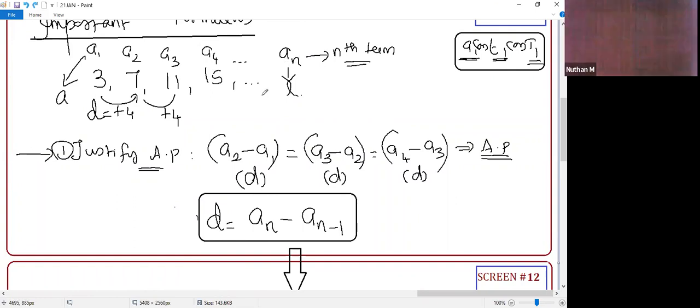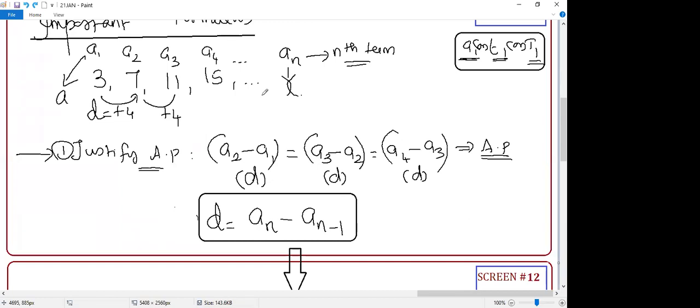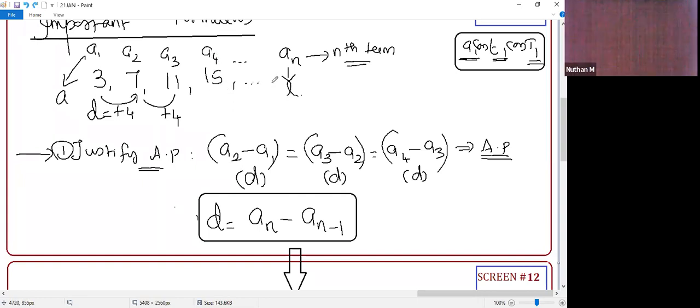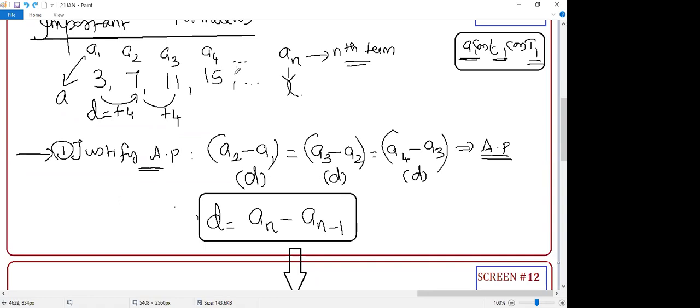N is telling the position. Am I right or not? A4 is what? Fourth position. N equals 4 there. N means position. So this is the nth position. Here A4 means the fourth position or fourth term.